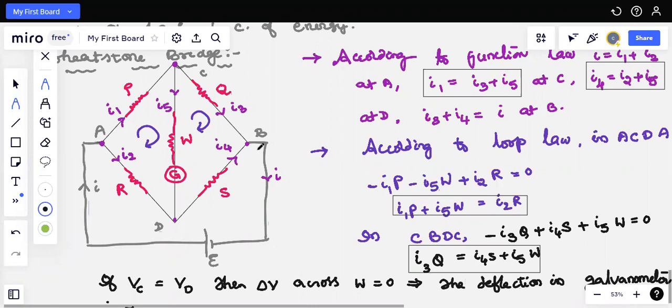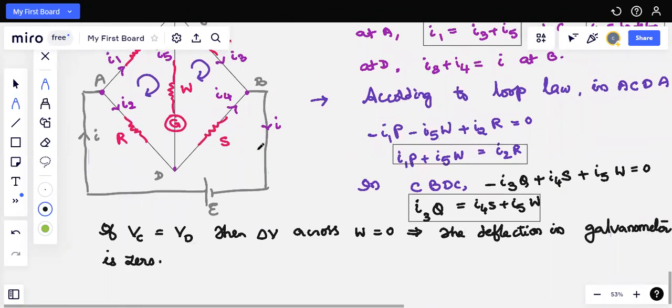And who is I5? Current flowing through the galvanometer. That I already said here: galvanometer deflection is 0. And here what am I going to write? Galvanometer deflection is 0. That implies I5 is equal to 0. Okay, I5 is 0.